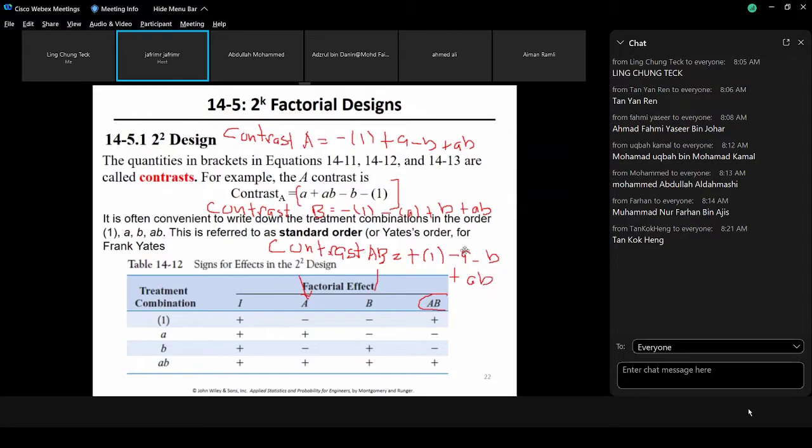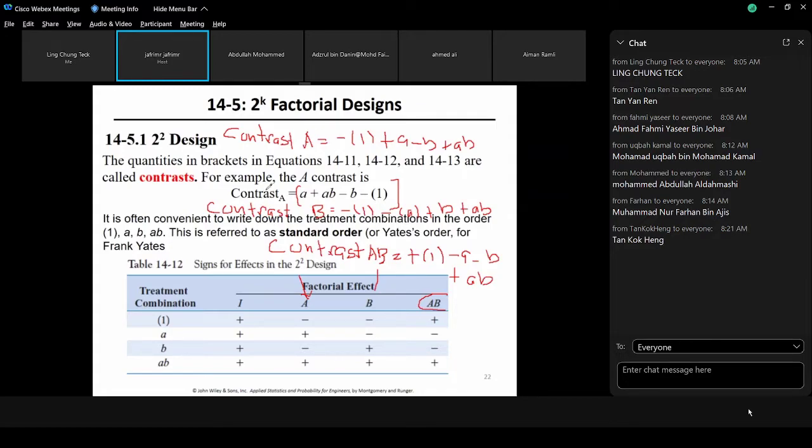This is how you get contrast of A, contrast of B, contrast of AB based on this standard order. As I mentioned, this method is called standard order design. I is always plus. This is called a 2 by 2 design.